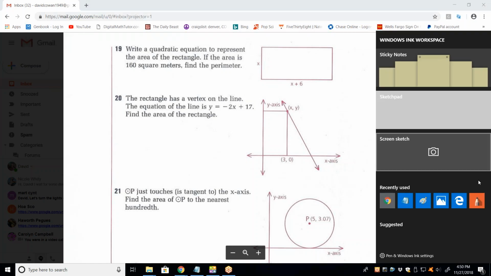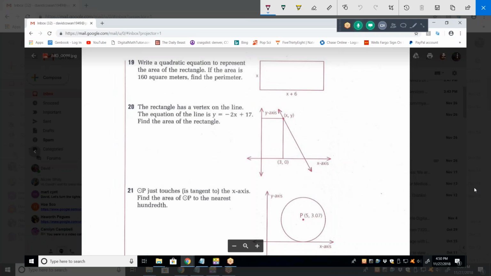Quadratic to represent the area of that. So the area equals x squared plus 6x. Okay, and if we have an area of 160 meters, find the perimeter.